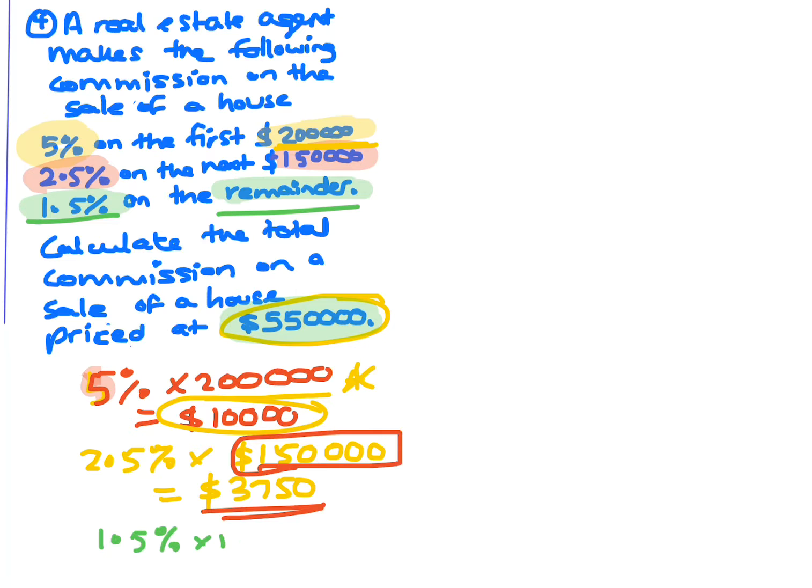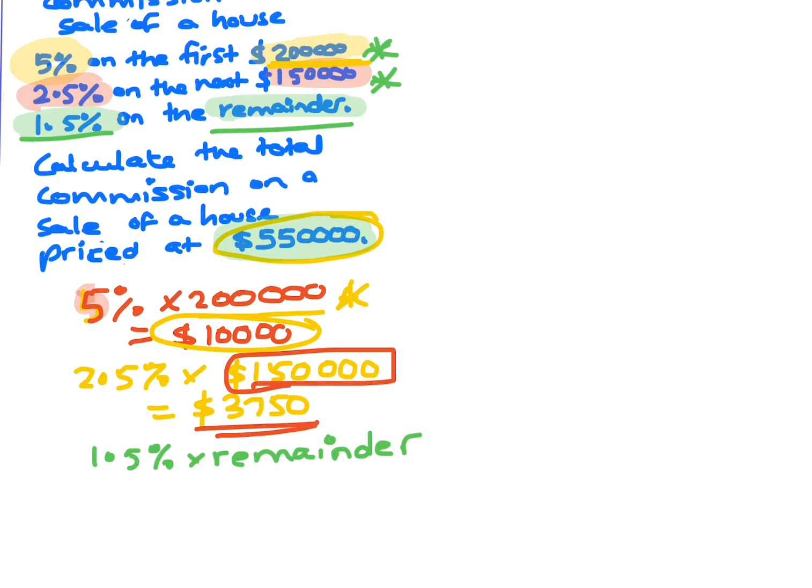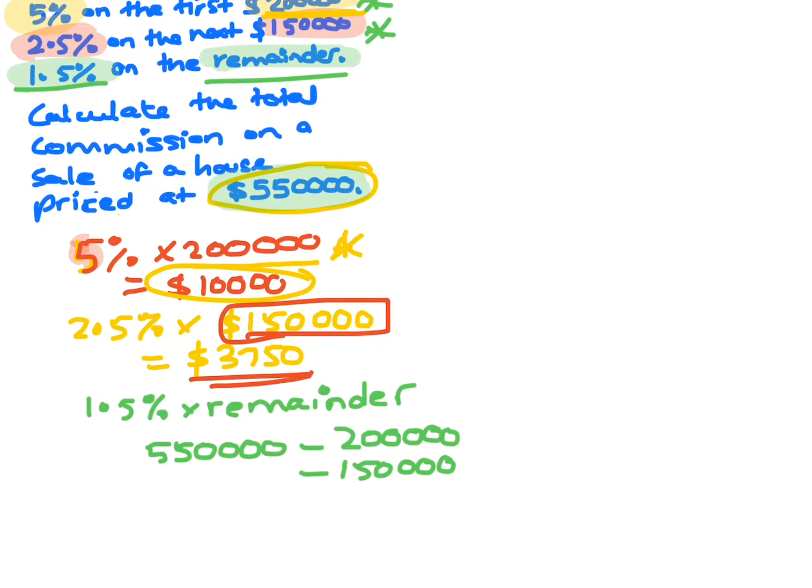So I guess the question is, what is the remainder? What do they mean by the remainder? The remainder would be after you take away the 200,000 and the 150,000. So if you've got 550,000 and you take away 200,000 and then another 150,000, how much would you have remaining?